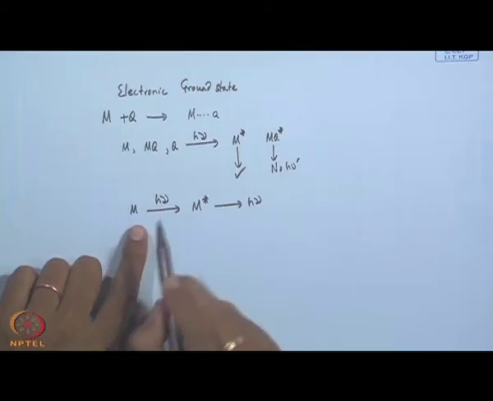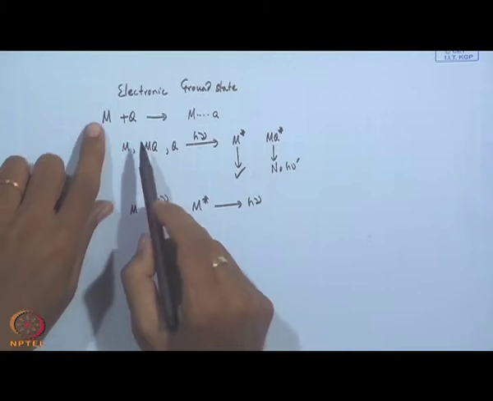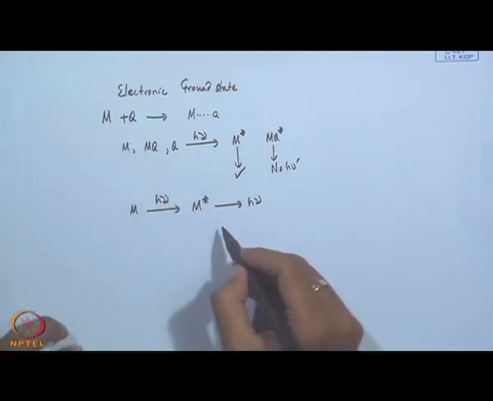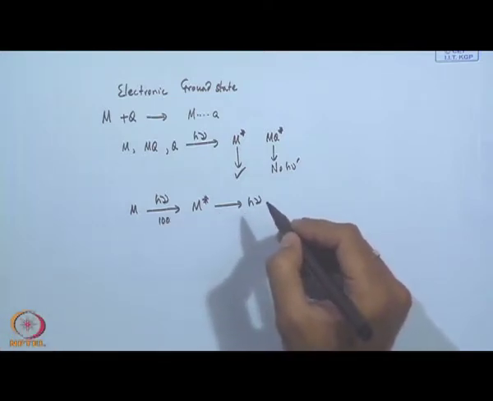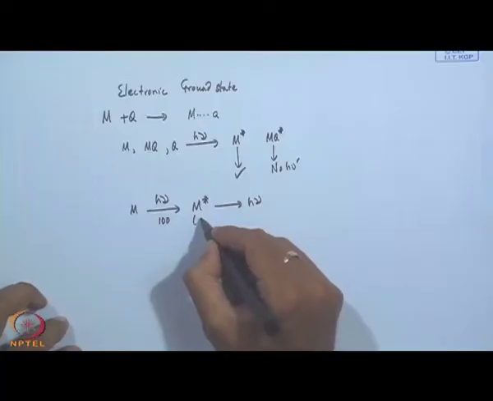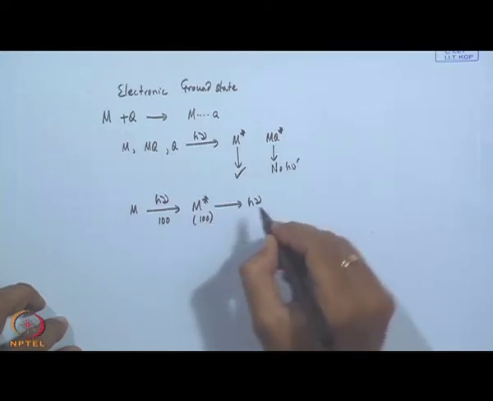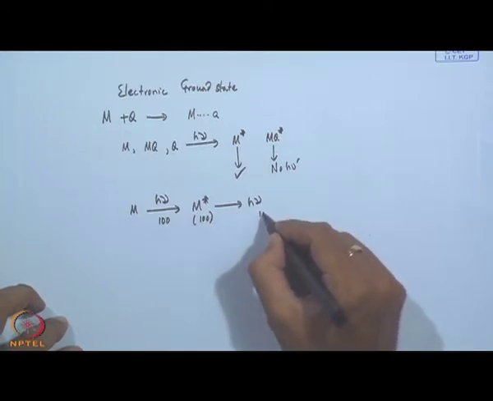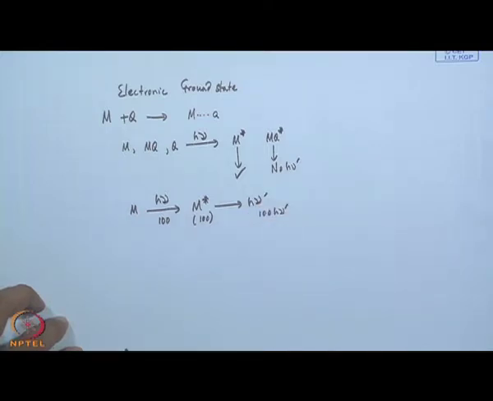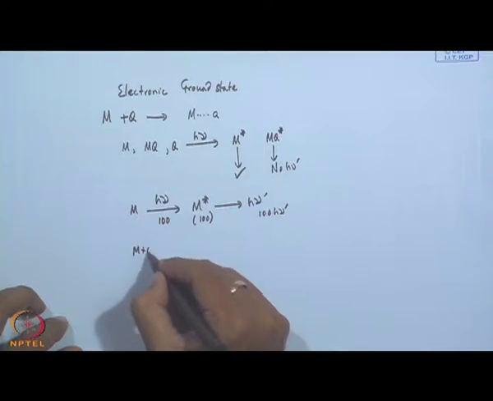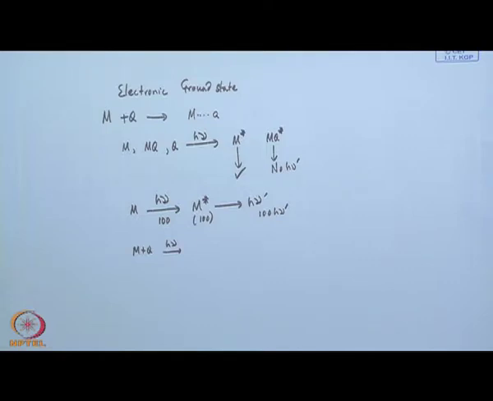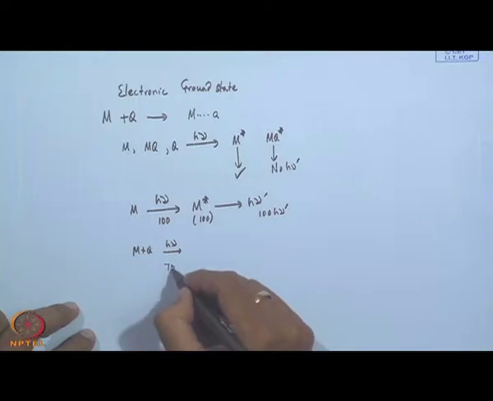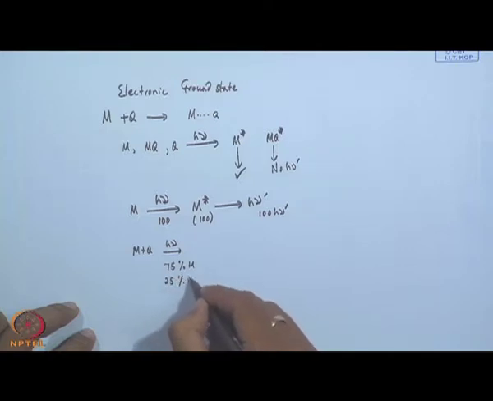What you are changing is that in one case you have M, and in the other case you have M and Q. In the first case, if you shine with say 100 photons, and the efficiency of excitation is 100%, you have 100 M star, so you expect to have 100 photons. In the other case, M plus Q, suppose it is 25% complexation. That means 75% M and 25% MQ.